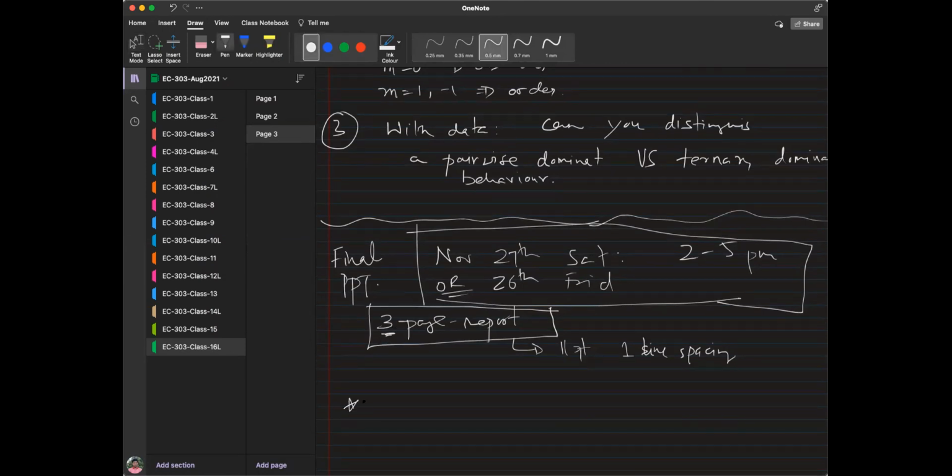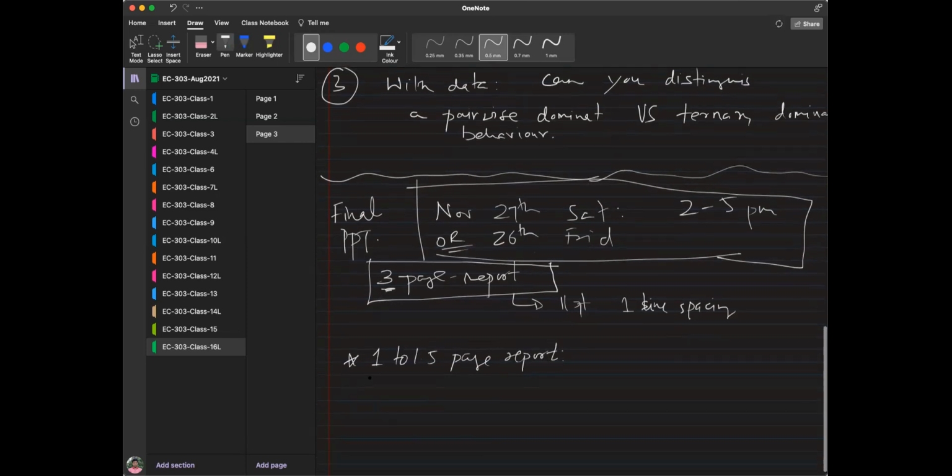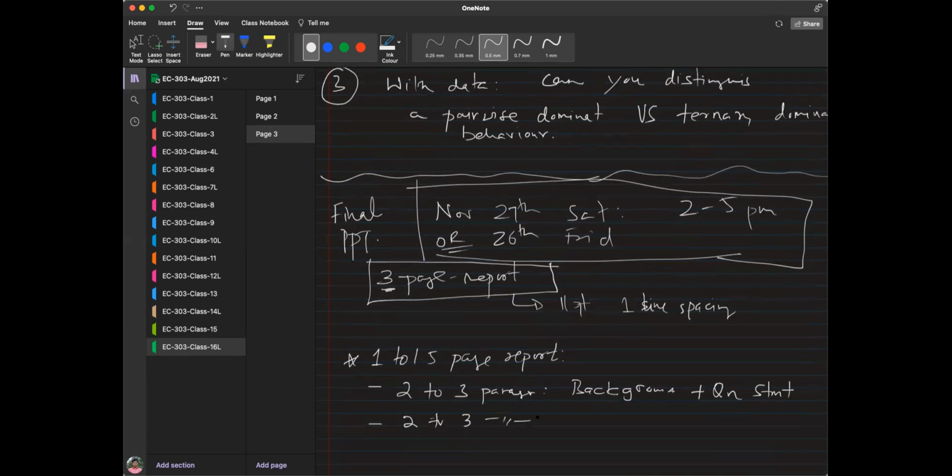So I can just write down a 1.5 page report. This report will be useful for you because you can then expand it to make a 3-page report, when you have 2 to 3 paragraphs that have background plus question statement, and then the model.